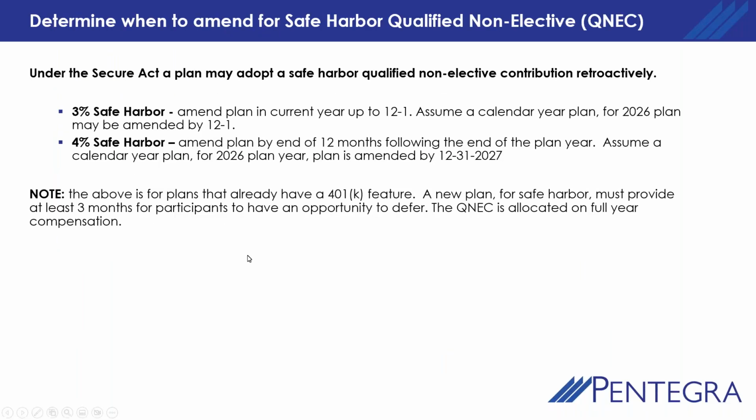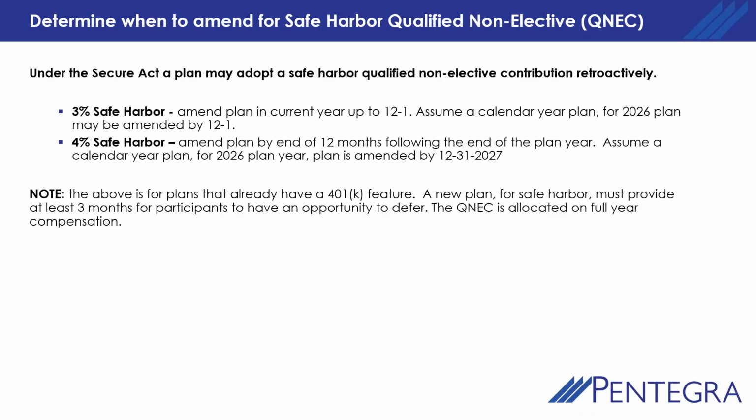Safe harbor plans. So SECURE provided us the opportunity to retroactively move to a safe harbor. You can amend to a safe harbor plan in a current year up to 12/1 of that plan year. And if it goes beyond that, you can amend to a safe harbor plan, but the QNEC would be 4%, and you could amend by 12 months following the end of the plan year.